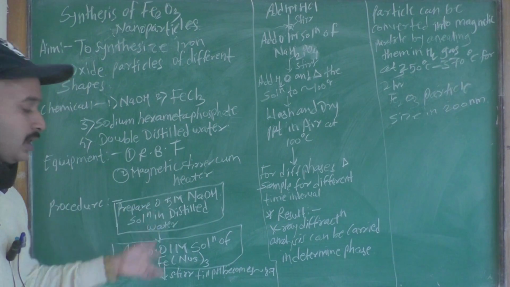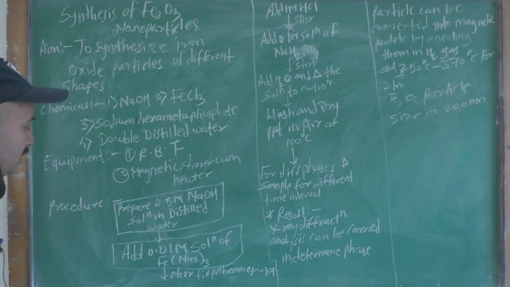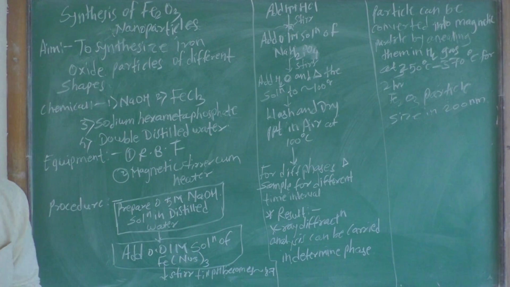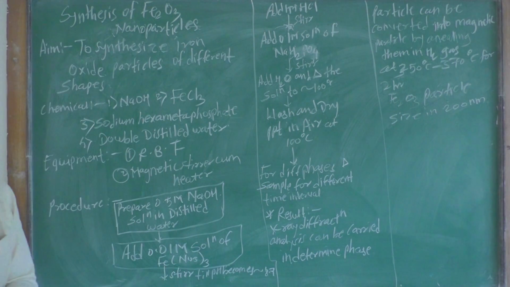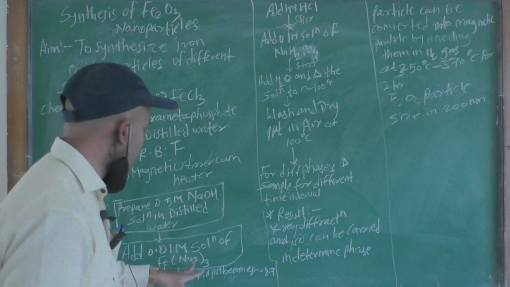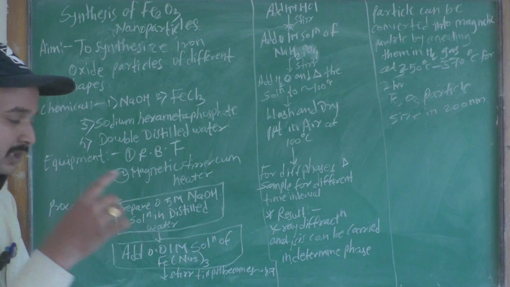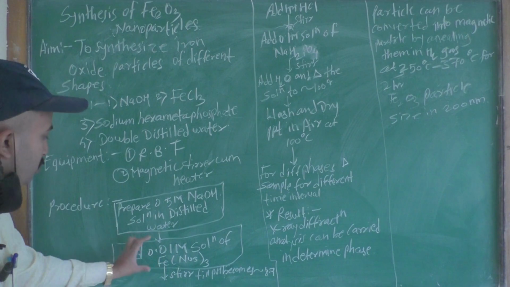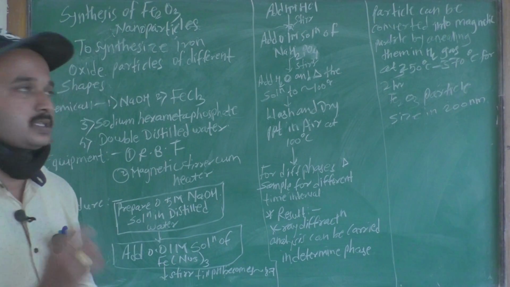After the addition of the ferric nitrate, stir until the pH becomes approximately 8.7.